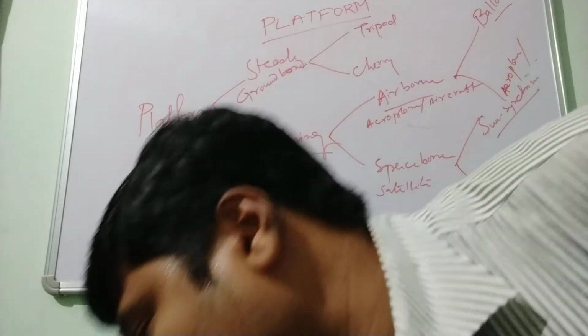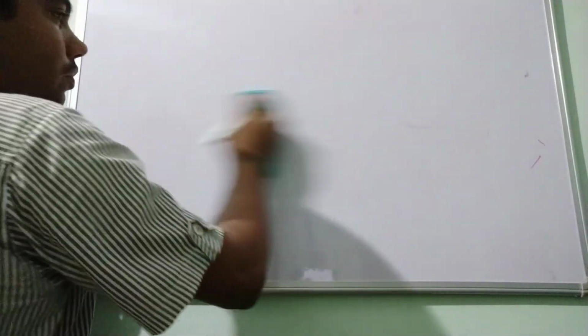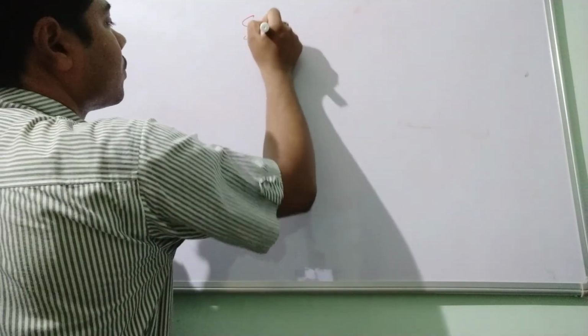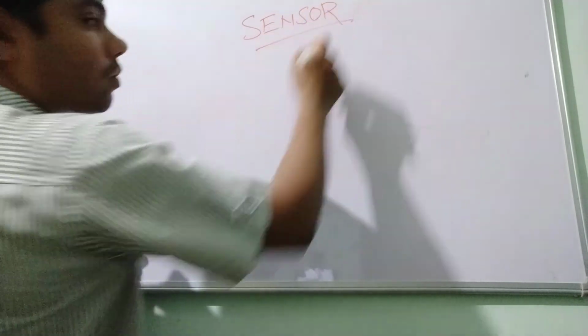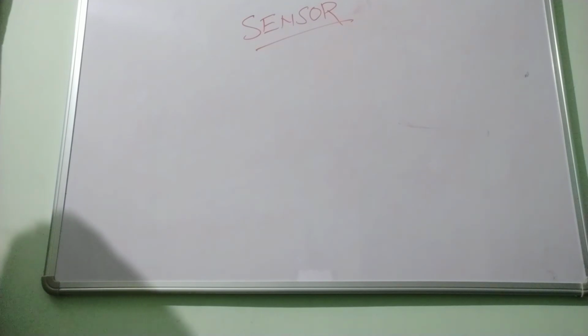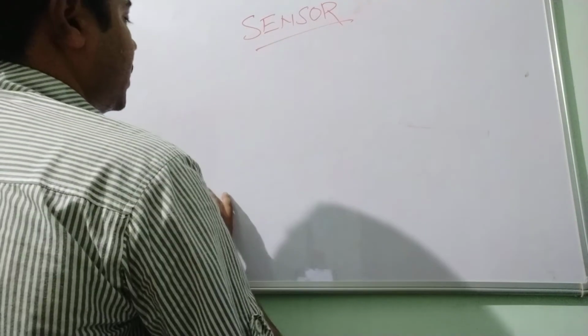The next component of remote sensing is the sensor. What is a sensor? A sensor is a device that receives electromagnetic radiation from Earth surface objects and converts it into a signal that can be recorded.